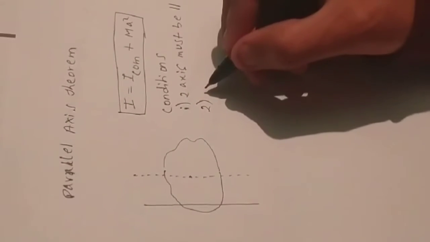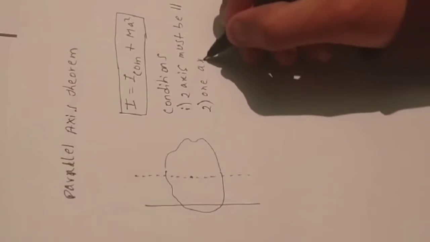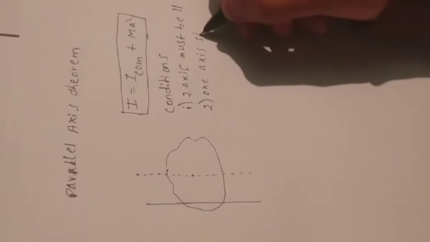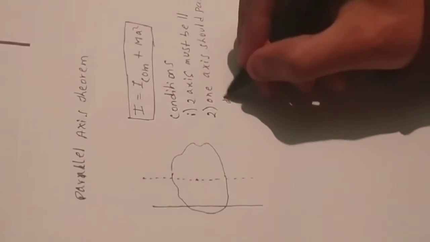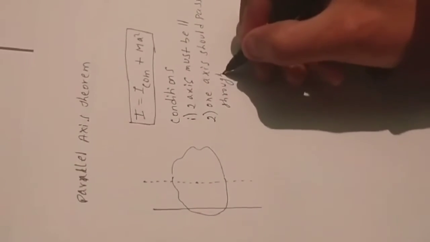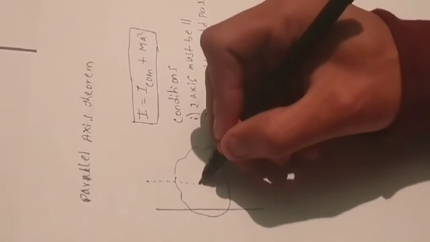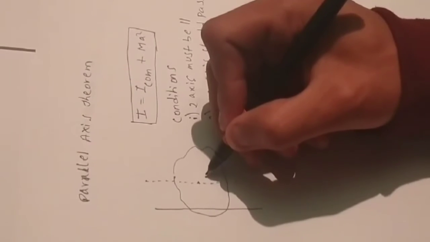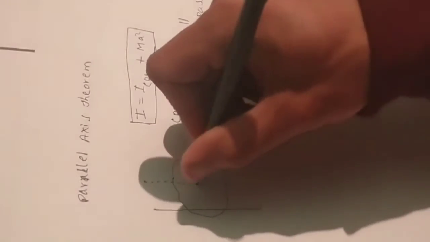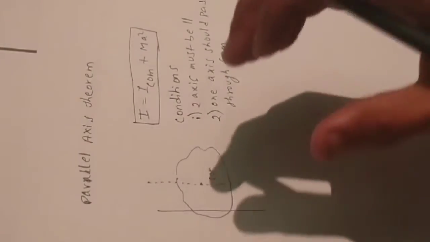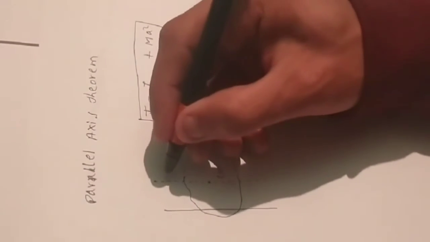And number 2, one axis should pass through the center of mass. As you can see here, this is the center of mass, COM. Let us denote this point as the center of mass. So this axis is passing through the center of mass.